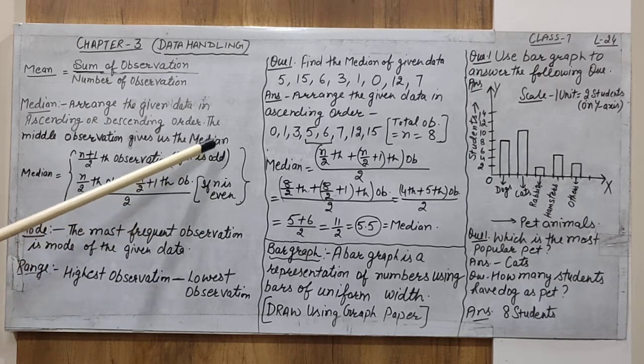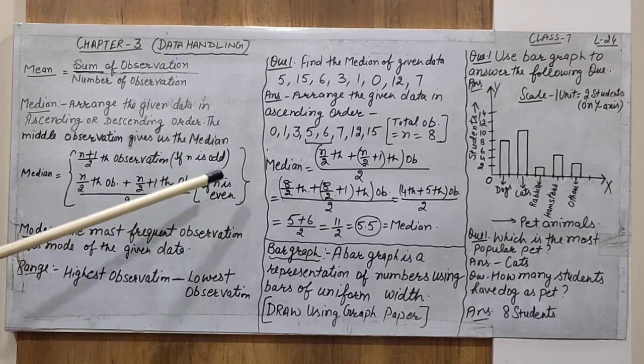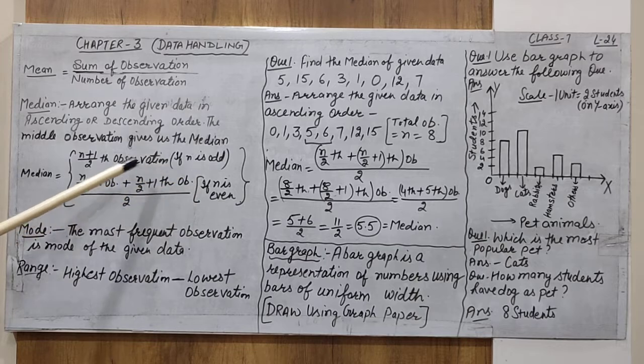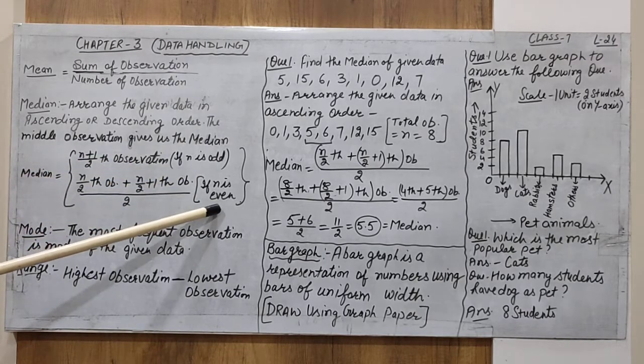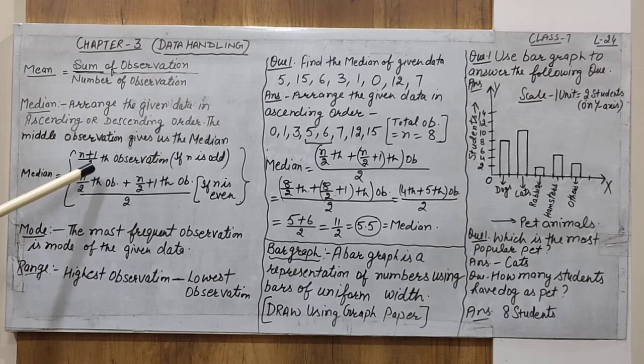If the number of observations is odd, use the first formula, and if even, use the second formula. The first formula is (n plus 1) divided by 2.